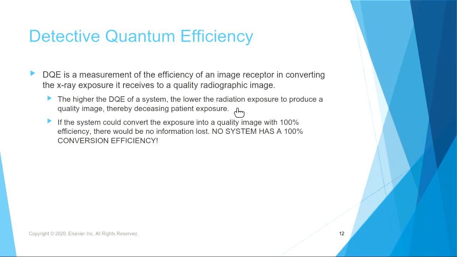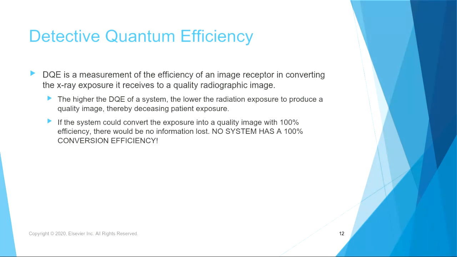They tell you that if the system could convert the exposure into a quality image with 100% efficiency, there would be no information lost. But no system has 100% conversion efficiency, just like no system has a modulation transfer function of 1.0. That would be ideal, but that's not the case. So the higher the detective quantum efficiency of a system, the less radiation it takes to produce an image, which means less patient dose. Okay?